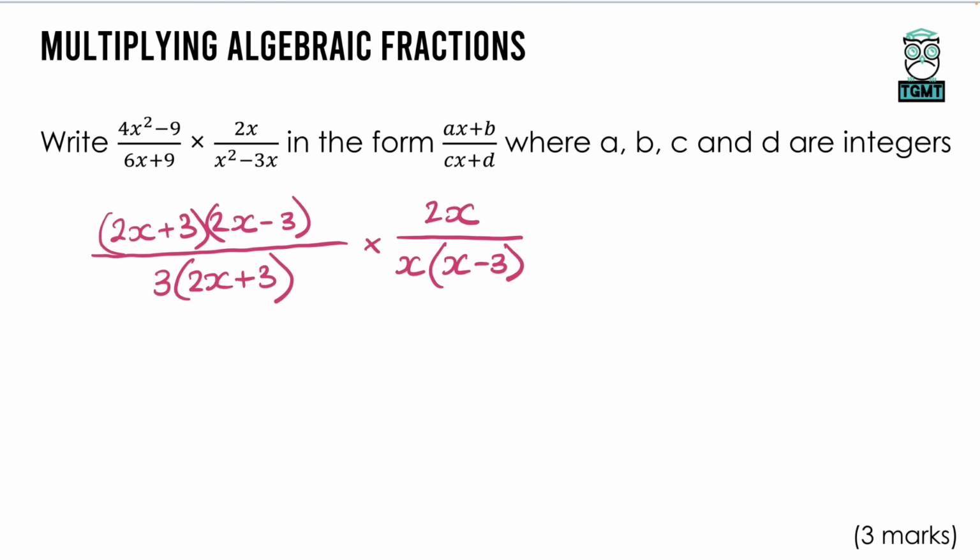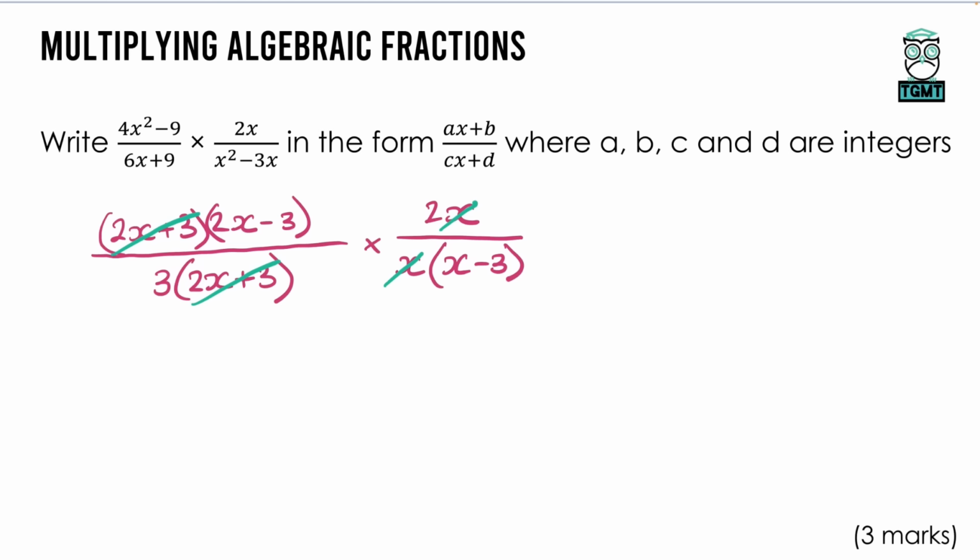We now want to look and see if we can cancel off any common factors. Now, one that's really nice and easy to spot is this 2x plus 3 on the top and the bottom of our left fraction, so they can go. On the right fraction, you can see that there's an x on the bottom and 2x on the top. So we can actually divide this fraction, top and bottom, by x, which gets rid of the x here and gets rid of the x here.